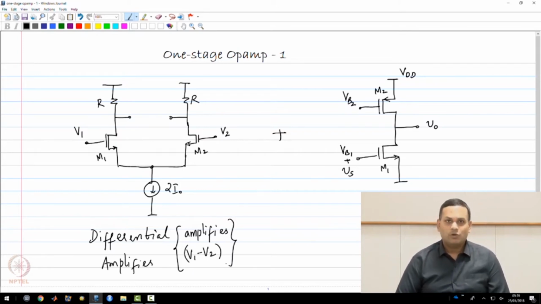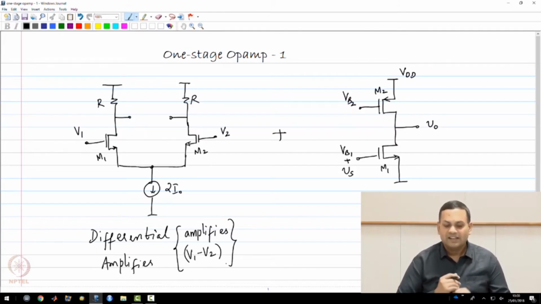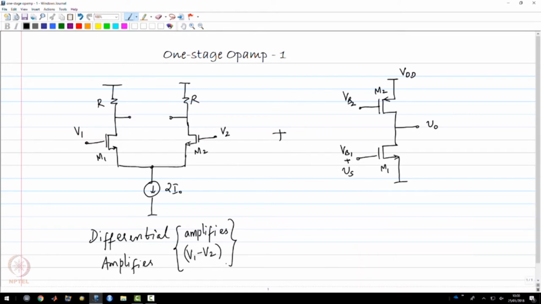It does not care about the absolute values of V1 and V2, but it amplifies only V1 minus V2. If you look at the V1 plus V2 portion of this circuit, the amplifier tends to reject it. If you take the ideal case when the current source has infinite output resistance, this differential amplifier will completely reject the common mode at its input.